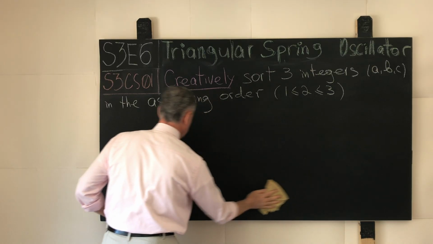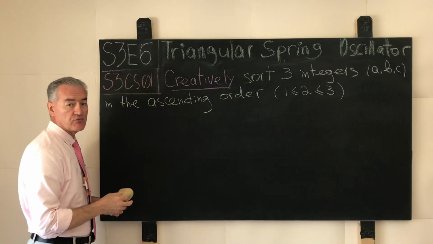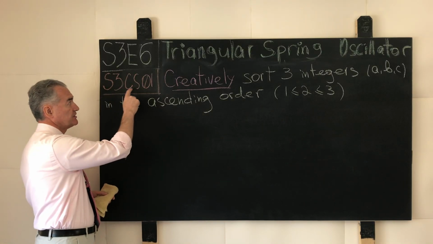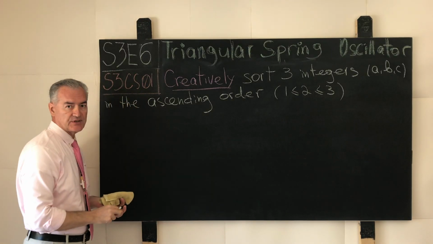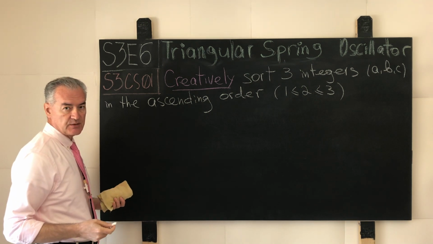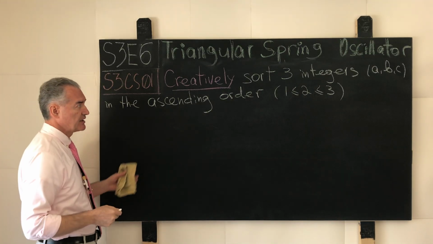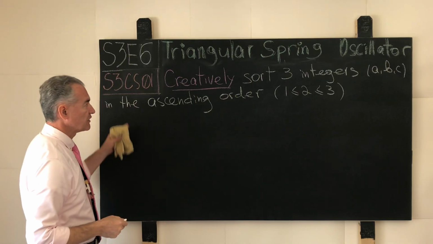The objective of the next challenge, this will be our first computer science problem of the third season, S3CS1. Remember, with CS we designate the problems in computer science. With the letter P we designate the problems in physics. With the letter N we designate the problems in mathematics. This will be a problem in computer science.